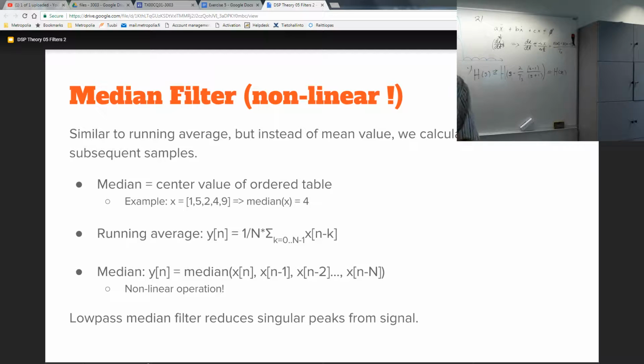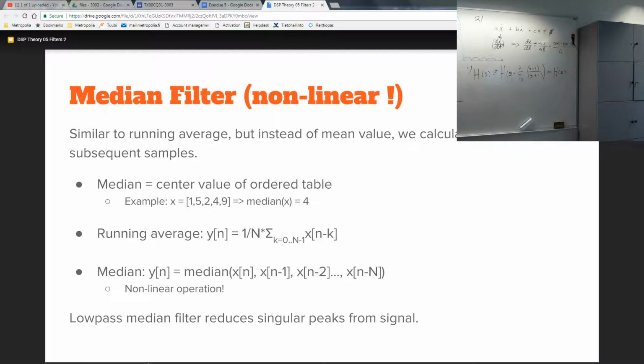The good thing about the median filter, and the reason why it's used so widely, is that if you have a sudden peak there, it disappears. You take the median of values like 1, 2, 3, 100, 4, 5, 6, 7. The median would be 5.